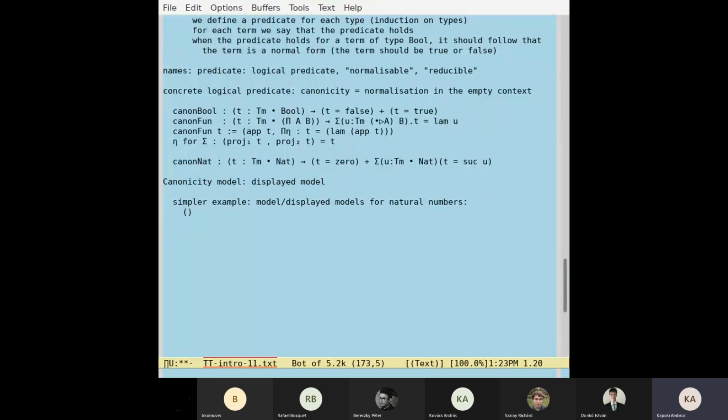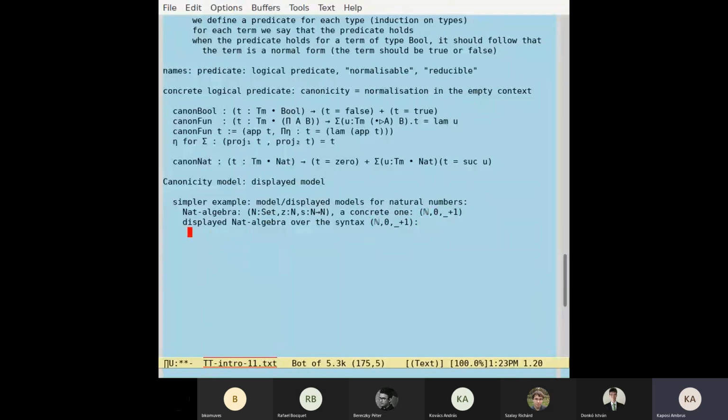So a natural number algebra is some set N, and z in N and s in N to N. And a concrete one is the initial such algebra, so natural numbers with 0 and +1. That's one such algebra. And then what is a displayed natural number algebra over the syntax, over this?